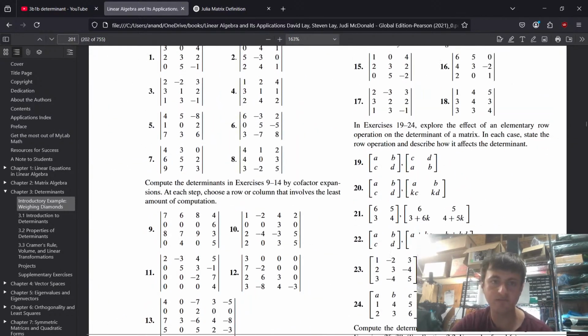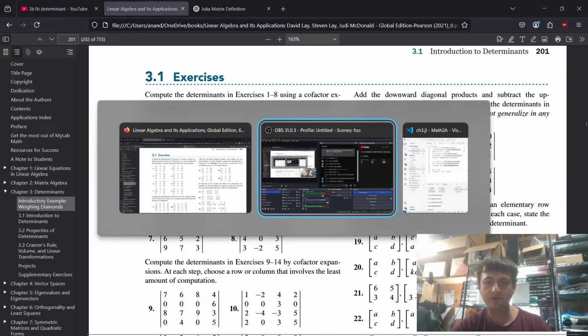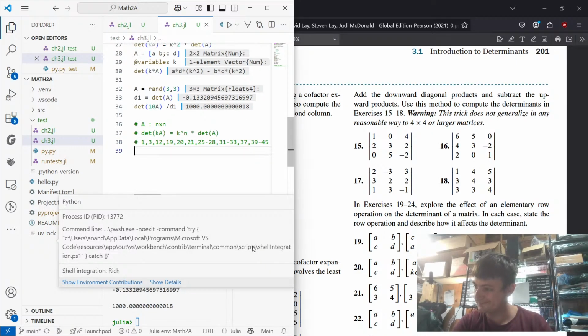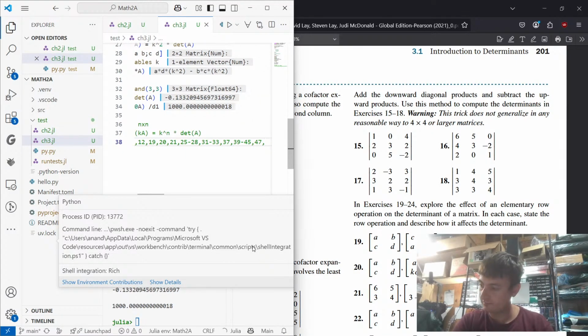Okay, so I think we have all the problems that we need to do. Let me just write them all down in my computer. 1, 3, 12, 19, 20, 21, 25 through 28, 31 through 33, 37, 39 through 45, 47 through 50.